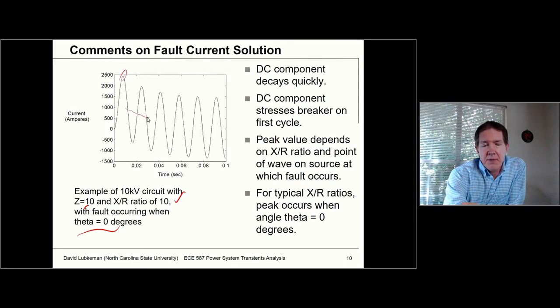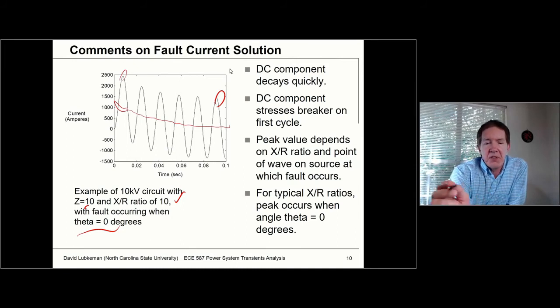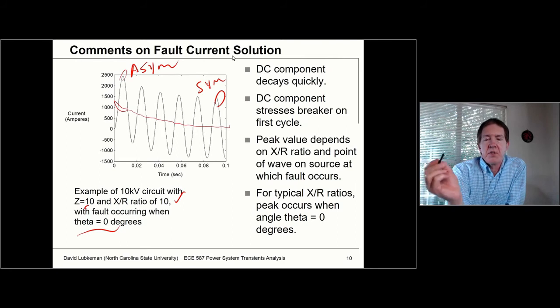This DC component decays exponentially, and then eventually we're left with just the symmetrical steady state current. But we're basically interested in the ratio of this asymmetrical term with respect to the symmetrical term.